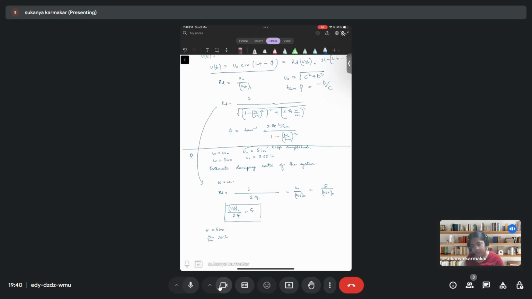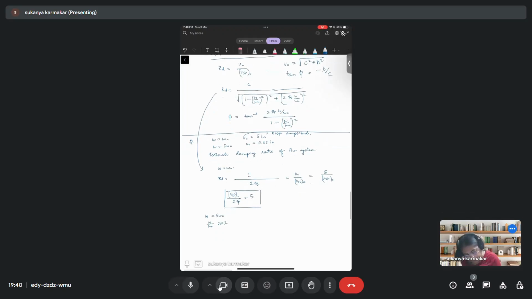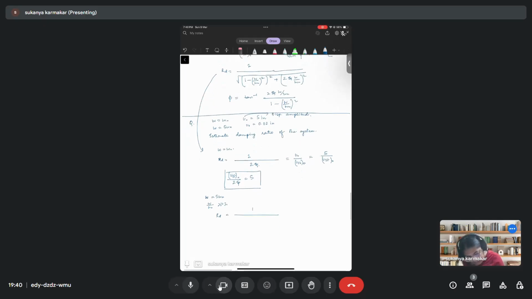If it is much more than 1, what will happen? In this equation of Rd, 1 minus (omega by omega n) whole square, you have a square of that, means here you are getting a 4th order polynomial, plus (2 zeta omega by omega n) whole square under root.